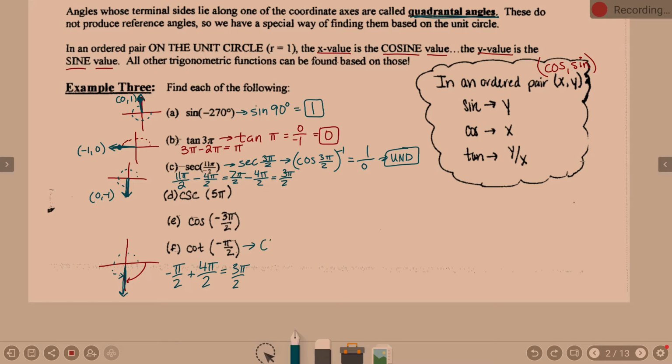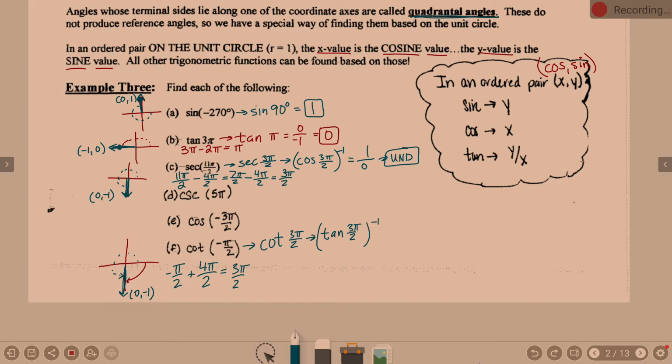Okay, so we are trying to find the cotangent of 3 pi over 2, which is the reciprocal of tangent. Okay. What's the ordered pair down there? Left or right 0? Down 1 gives me the ordered pair 0, negative 1.